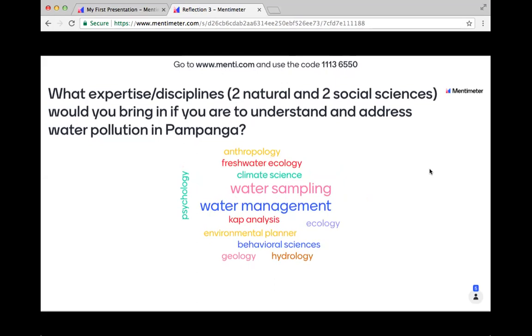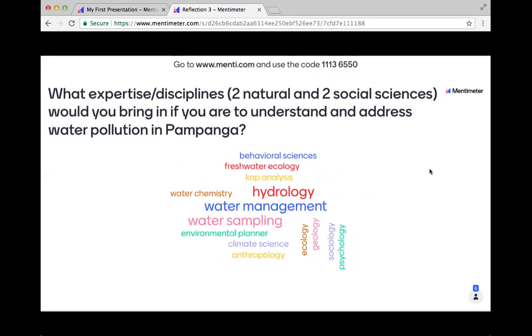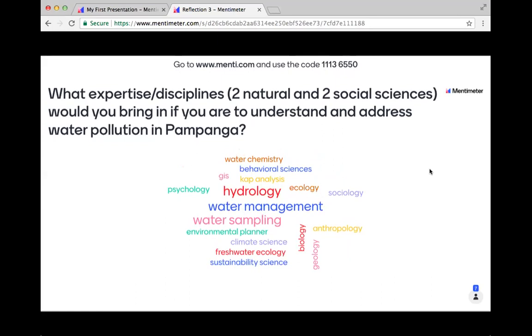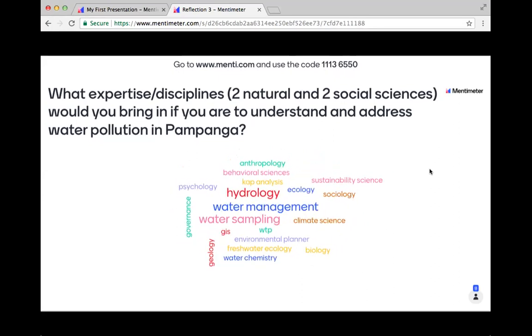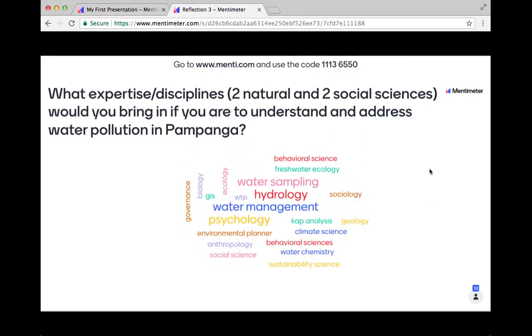So management perspective, water sampling, this is more hydrological. Hydrology is there, water chemistry, right? Sociology, what else? Biology. Right. Governance, good. So political science or institutional perspective. What else? We have sustainability science, willingness to pay. So this is more economic in nature, right?